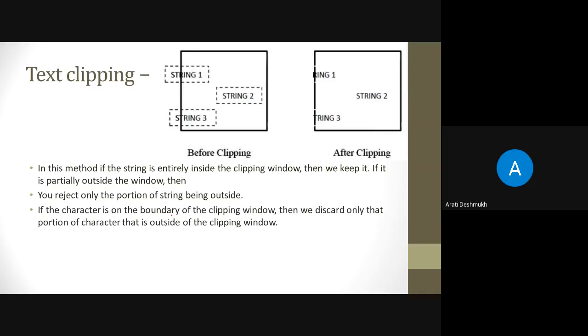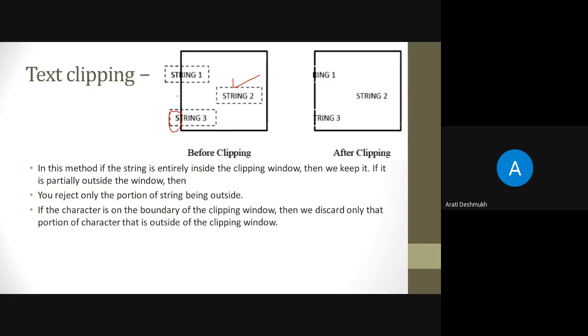Characters are generated using the bitmap technique, so it clips in a different way. If the string is completely inside the window, then we keep it. If it is partially outside, then we reject only the portion of the string which is outside.